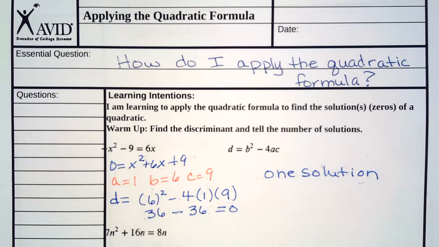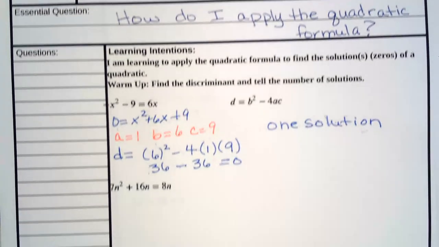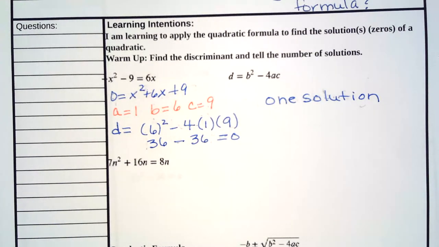Okay, if you did not pause the video, pause it now and see if you can do the next one on your own. Is it set equal to 0? No. Step 1, set it equal to 0.